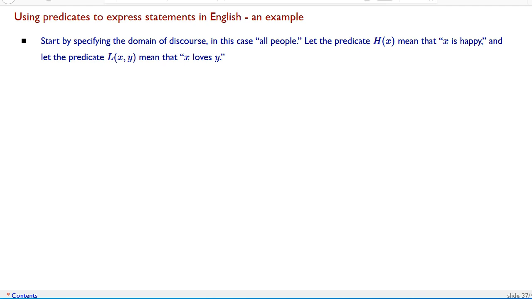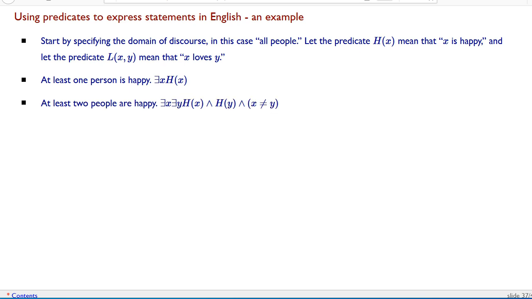And now we're going to try to write some statements involving happiness and love. Easy start. At least one person is happy. There exists an x for which h of x is true. At least two people are happy. There exists an x and there exists a y for which h of x is true and h of y is true, and here's what you're likely to overlook: x is different from y.